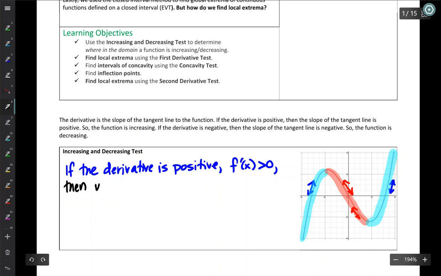Then the function is increasing. So for an example with this graph, we see that this function is increasing for x values less than -2 and x values greater than +2.